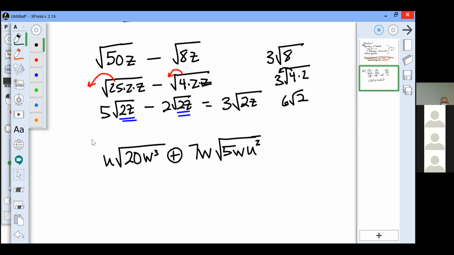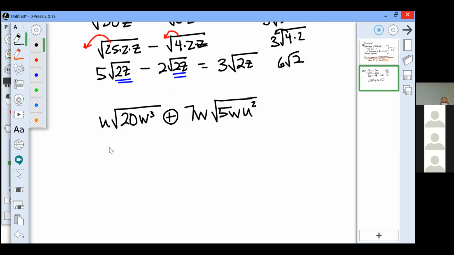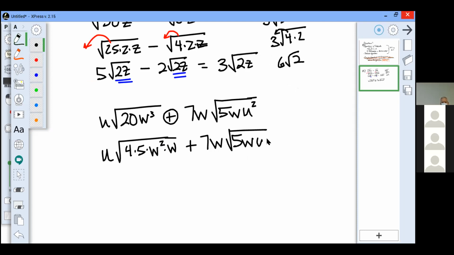Okay, so what can we take out of this 20w cubed? What are we breaking the 20 into? 4 and 5. And what about the w cubed? We're going to break it down to w squared and 1 w remaining. Now this, I'm going to just rewrite, even though there's nothing I can break down.